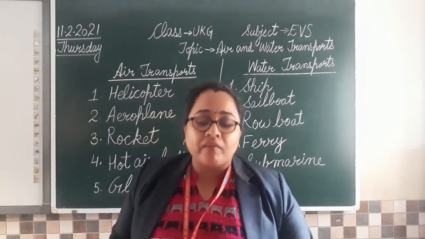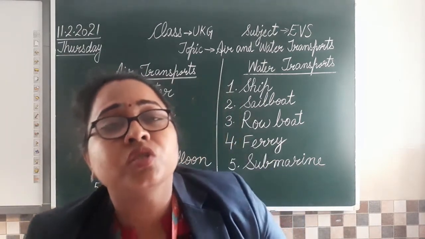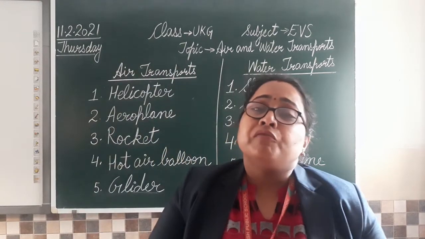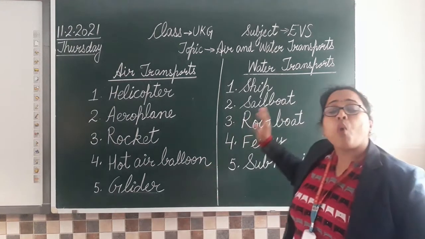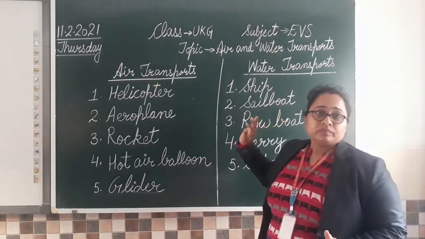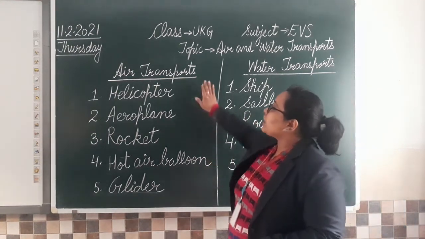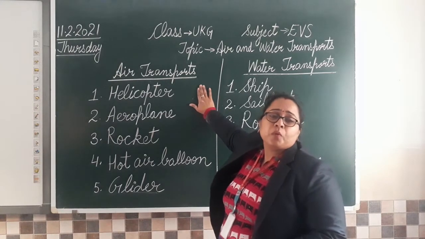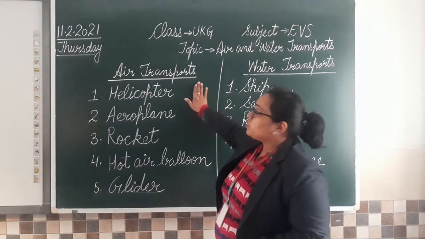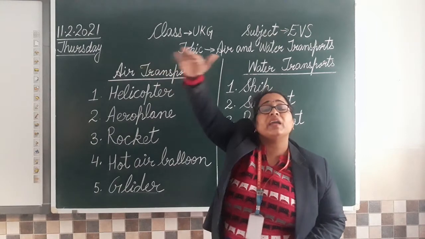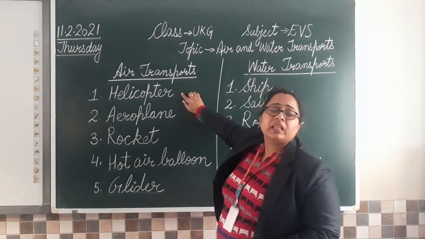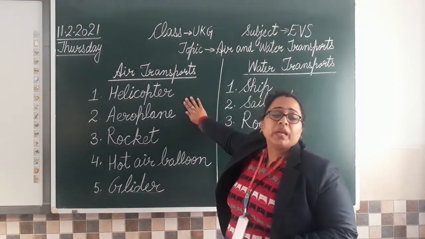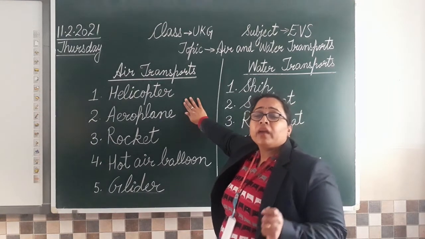So today we have learned about those transports that fly in the air and use water to move. Clear? So the air transports, we are going to revise first. The ones that fly in the sky. Which are they? Helicopter.